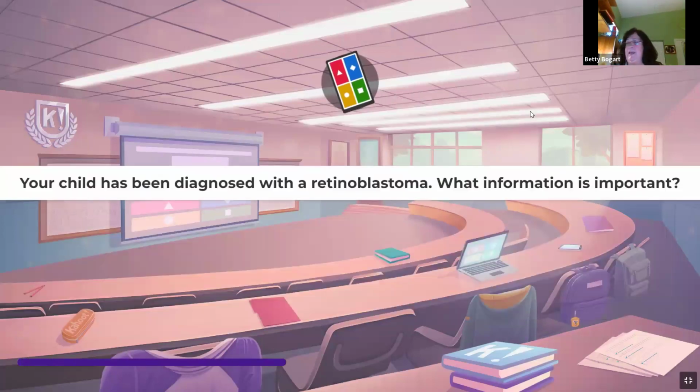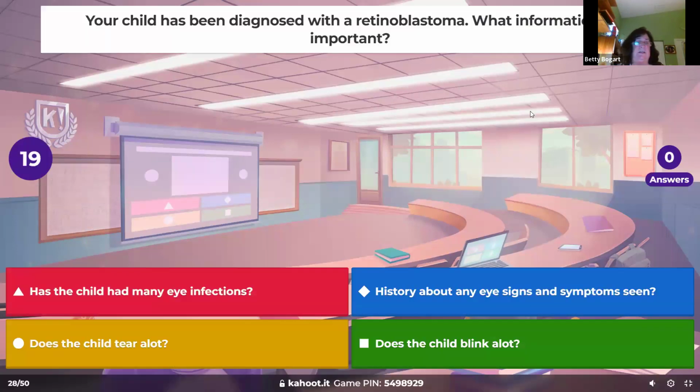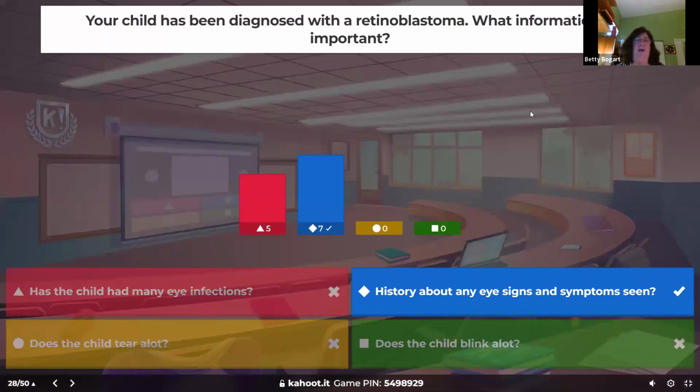Your child's been diagnosed with a retinoblastoma. What information is important? Well, there's probably been some little clues that this has been going on.